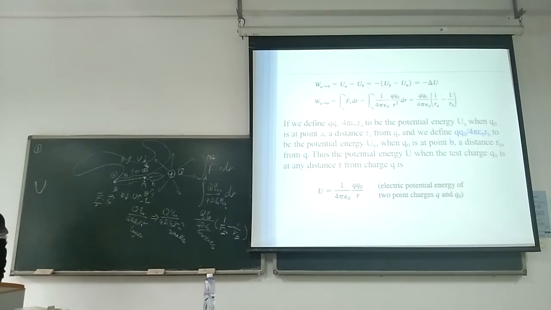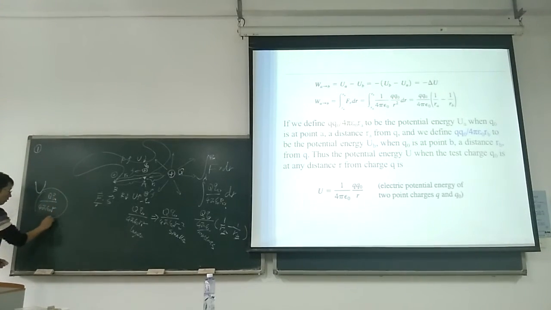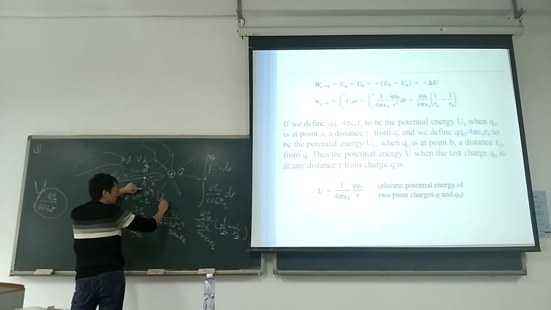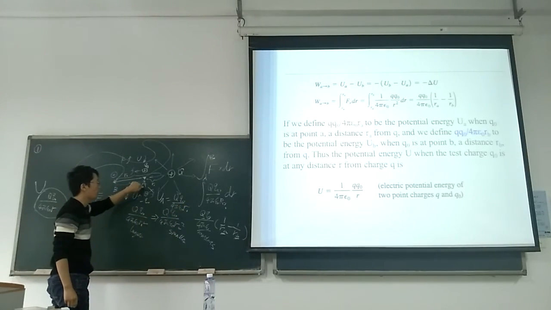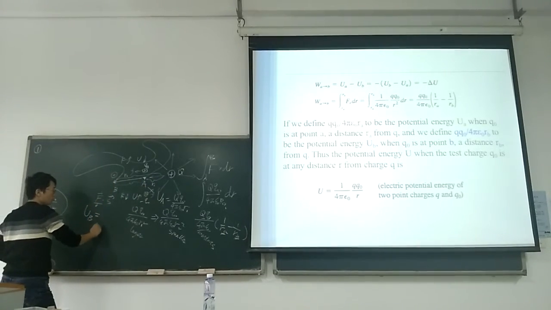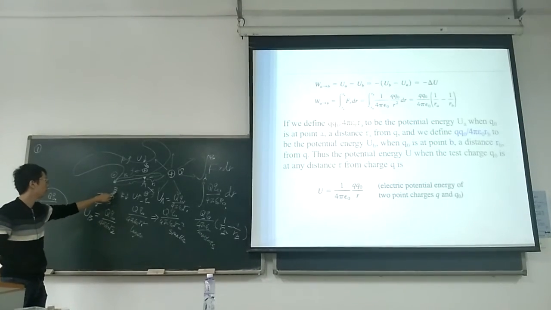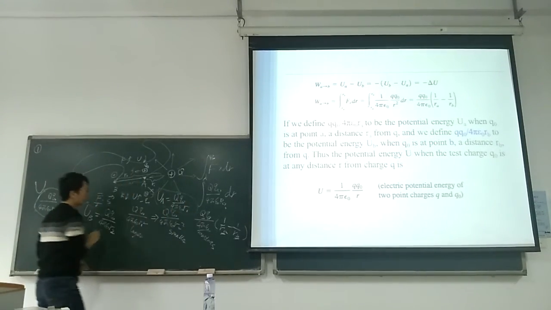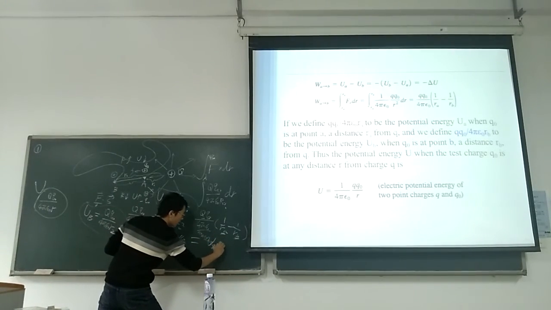At point A, the potential energy UA equals Q0 large Q over 4 pi epsilon 0 R1, where R1 is the distance from A to large Q. And UB equals Q0 large Q over 4 pi epsilon 0 R2, where R2 is the distance of point B to the large Q. In this case, the variation in the potential energy can be easily written as UA minus UB.